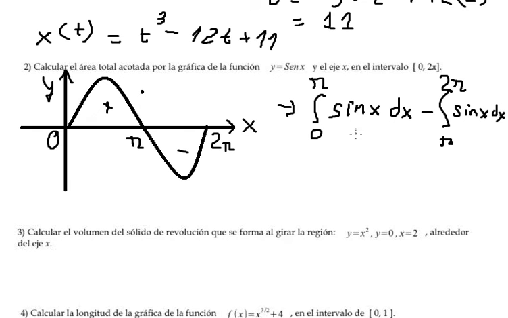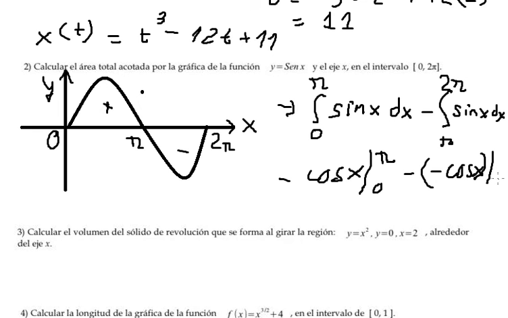The integral of this one, you got negative cosine s from 0 to π. The integral of this one, you got negative cosine s from π to 2π.